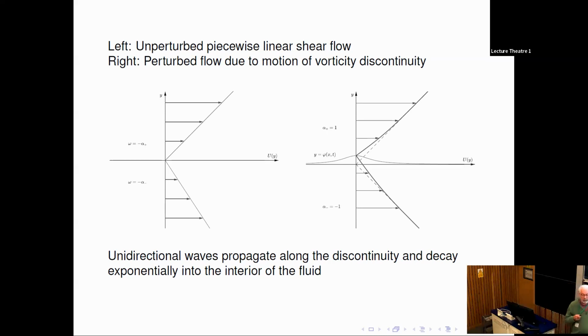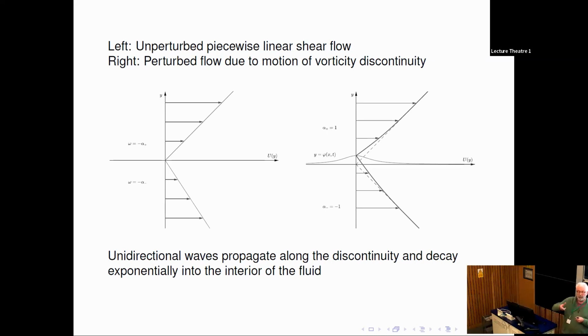It turns out, first of all, that this problem is linearly stable, unlike the vortex sheet problem, where you have a jump in the tangential velocity. Here you have waves that propagate along the interface. These waves are unidirectional. The problem is not reflectionally invariant in x.